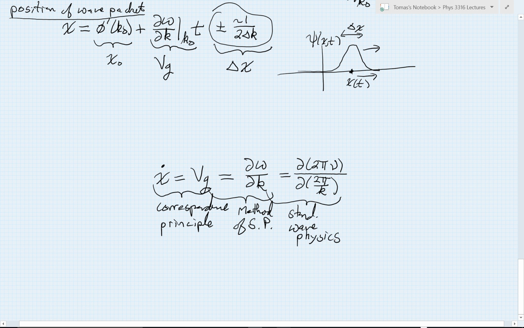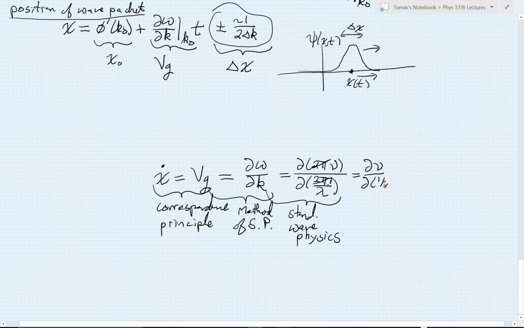I'm sorry, k is not 2 pi over k. k is 2 pi over lambda, getting it into standard wave terminology. Now, of course, you can see the 2 pi's will cancel out. So I've got 1 over lambda in the bottom. Let me just rewrite that. So that's d nu d 1 over lambda.